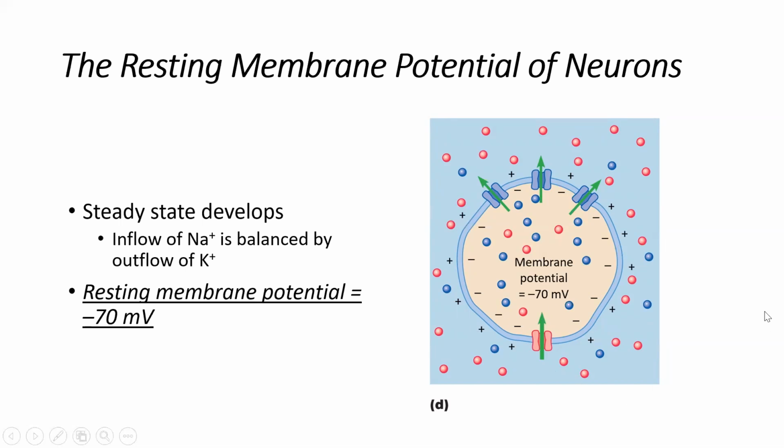Because of those two factors, along with the sodium-potassium pump that's in the background, just pumping sodium out, pumping potassium in, we end up at this steady state where the membrane potential of the cell is -70 millivolts. And so we've got a more negative charge inside the cell and a more positive charge on the outside of that cell.